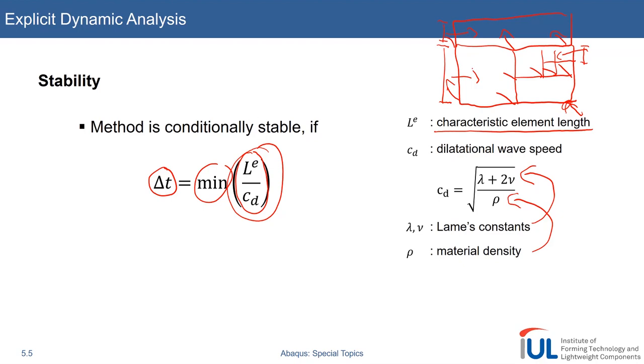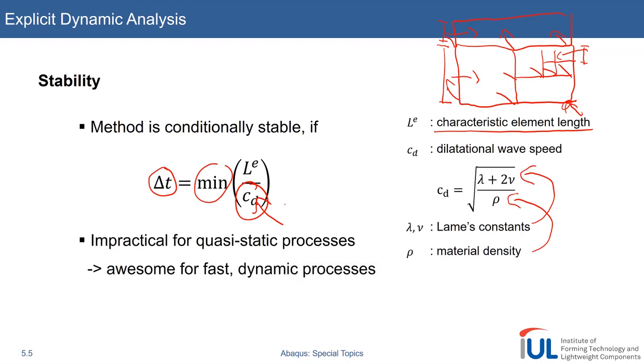And that is actually the reason why you need so many time increments, because your CD down here is a very large number, especially for metals, and we're talking about metal forming here. So that's a huge problem with this algorithm, that if you deform metals, which have a very high CD, you need very, very small delta T's. And usually this leads to a couple of millions of increments.